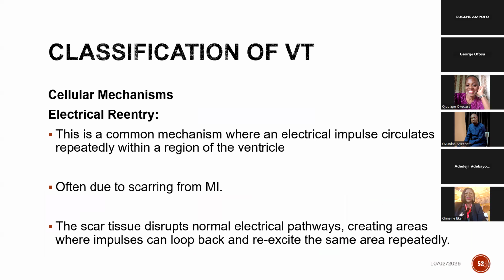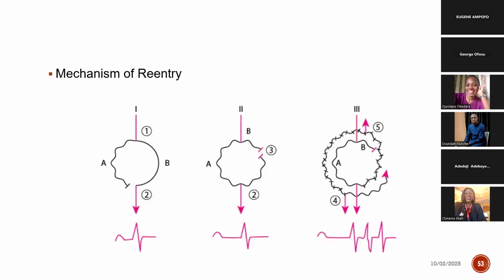The scar tissue usually will disrupt the normal electrical pathway, creating areas where impulses can loop back and re-excite the same area repeatedly. Usually when there is scar tissue, the scar tissue conducts impulses at a much slower pace than the normal tissue.